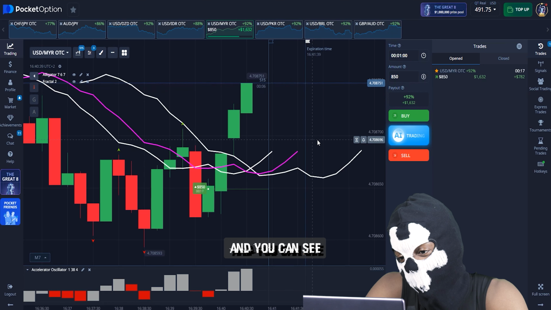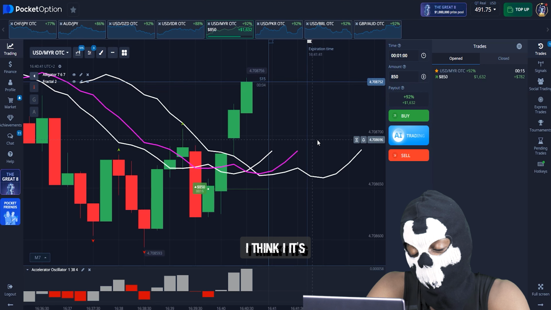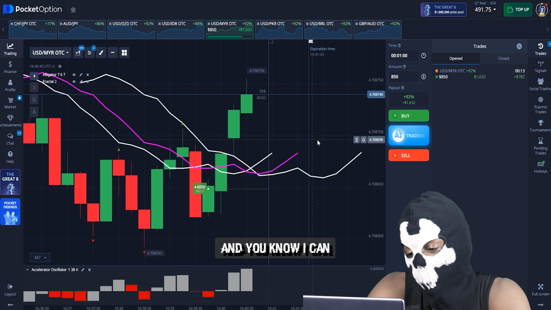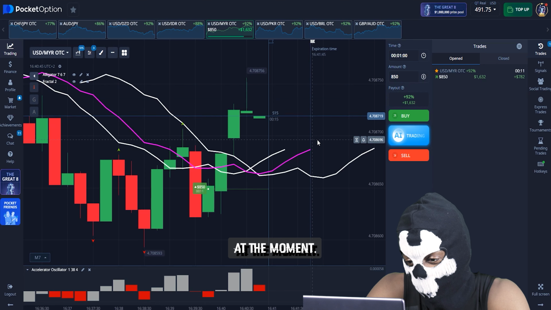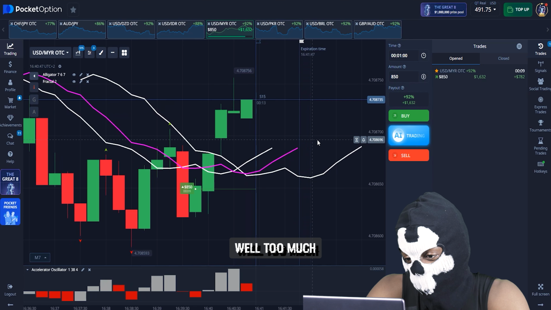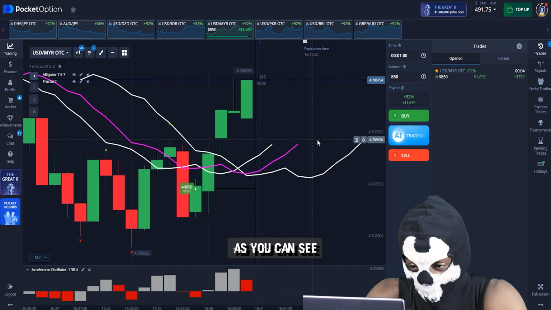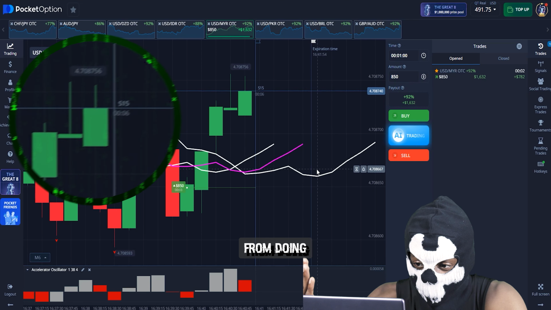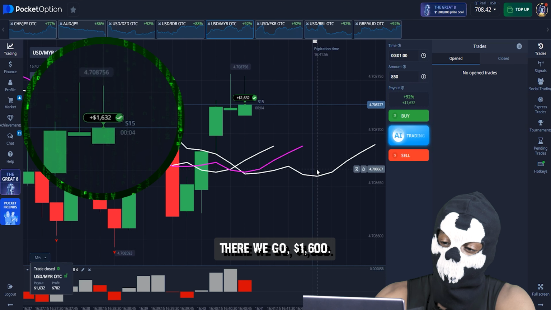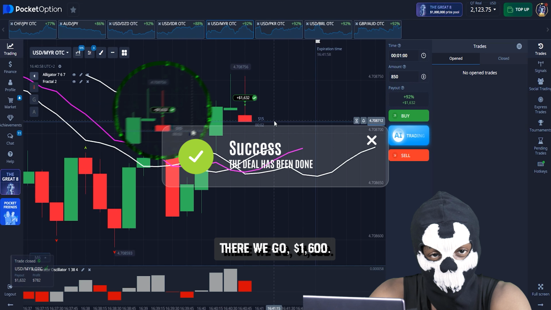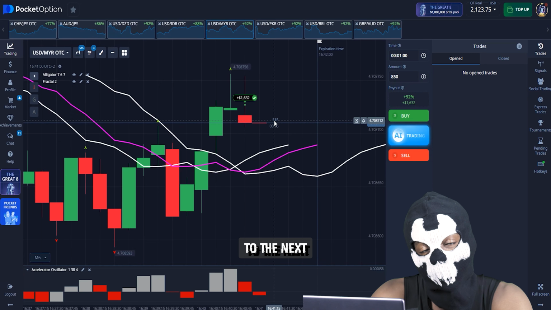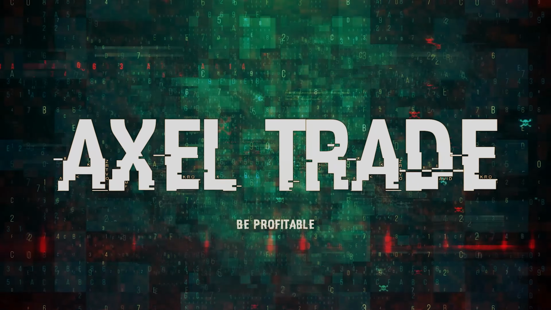And you can see, it's looking good. I can't complain at the moment. We're way ahead from the starting point, which is down there, as you can see, seconds away from the win. There we go, $1,632. Let's move on to the next and last trade, guys.